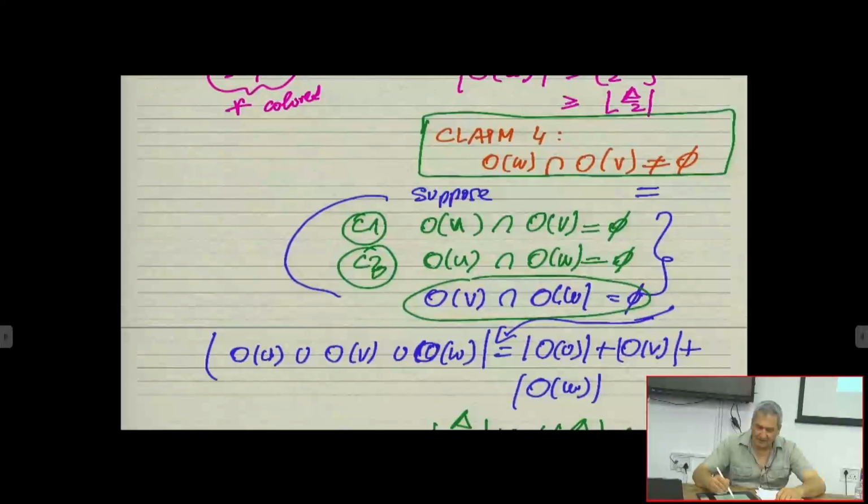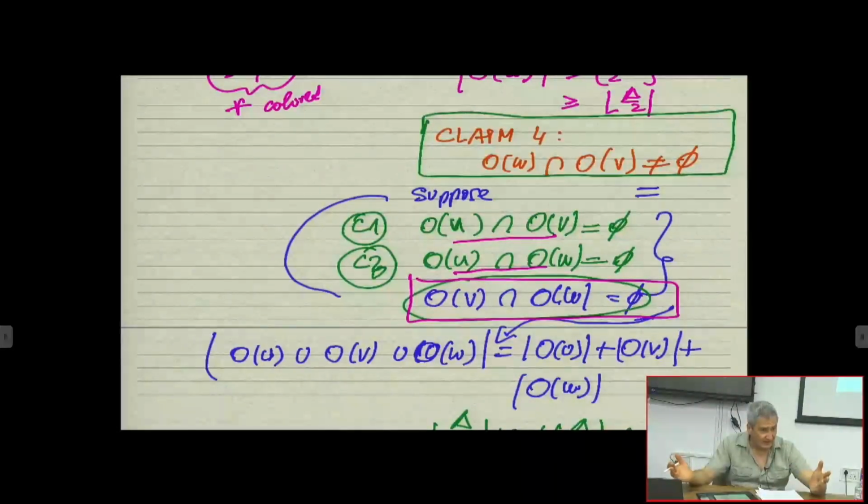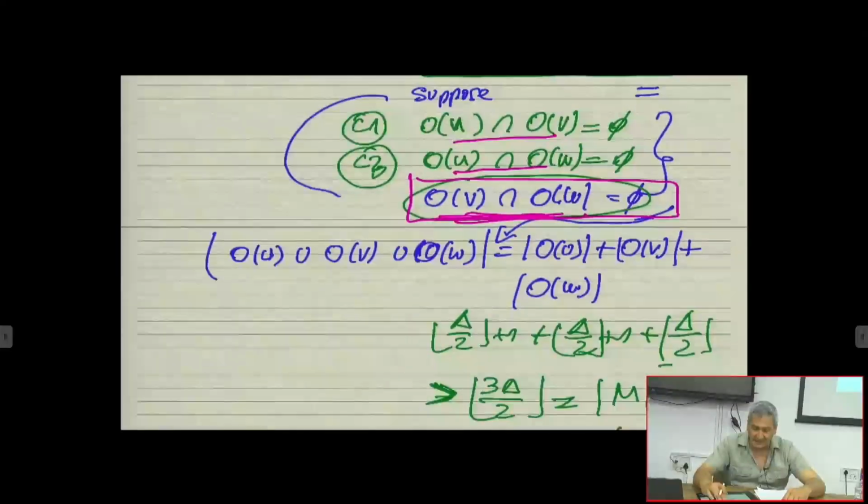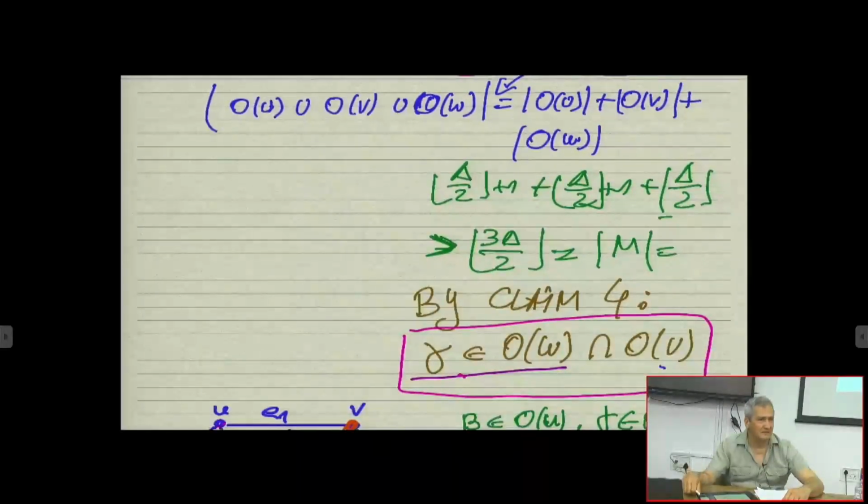This cannot happen. W are not isolated. These two are disjoint. And if these two are disjoint, we get more than 3 delta half colors. So these two cannot be disjoint. These two must have a color together. And this color then I take should be gamma. Okay? Is it clear?